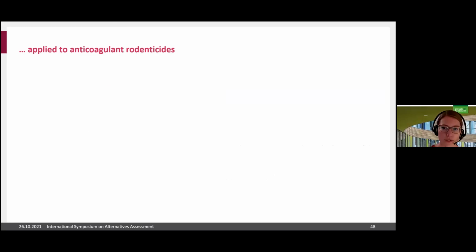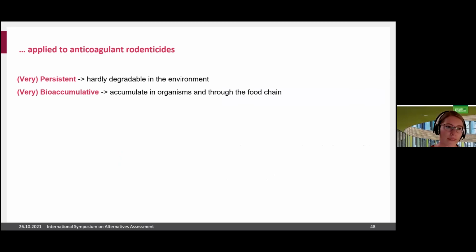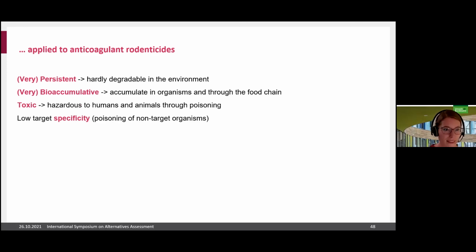Some short words on why we talk so much about anticoagulant rodenticides at the Environment Agency. Those substances are persistent or very persistent. They bioaccumulate or are very bioaccumulative. They are toxic. They have a low target specificity. So they are prone to poisoning of non-target organisms.